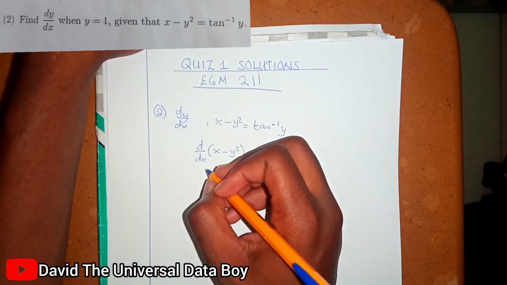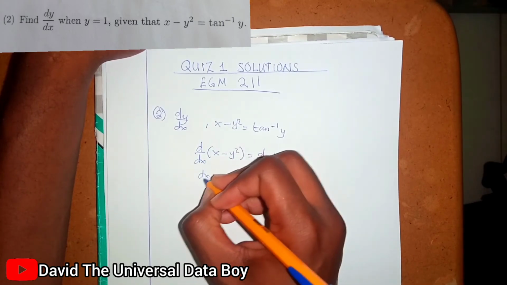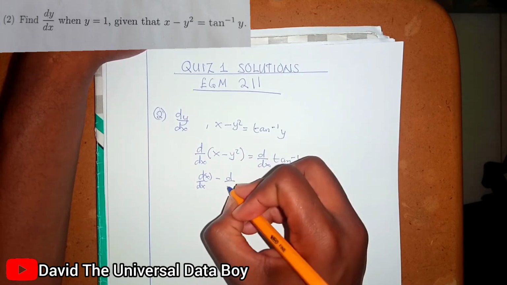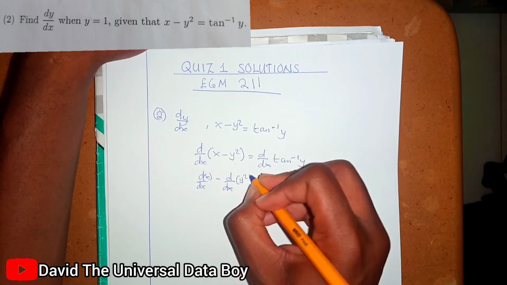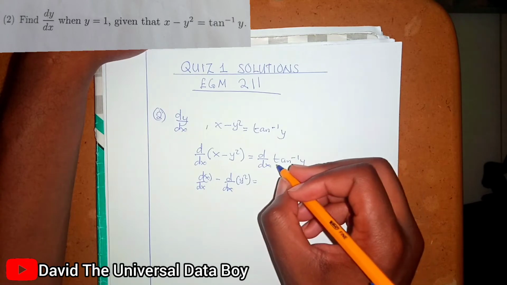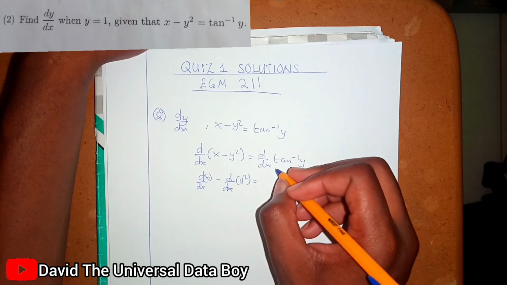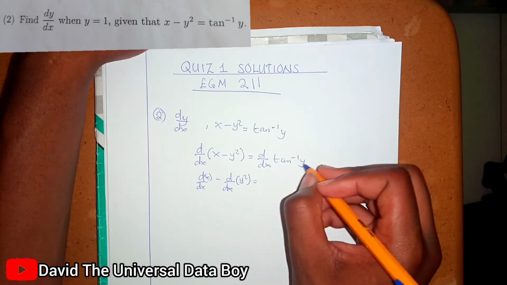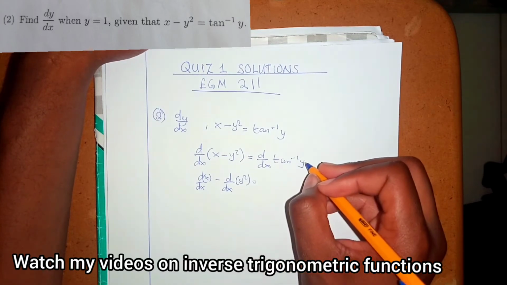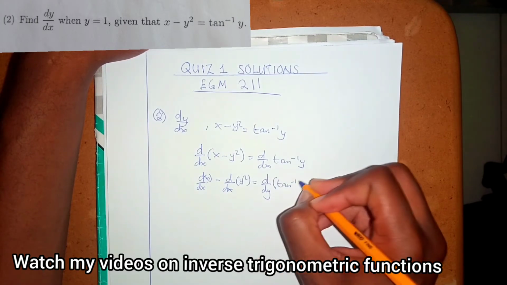Here we can use the sum and difference rule, where we say dx over dx, minus d of y squared over dx, is equal to... now how implicit differentiation comes in: when you're differentiating a certain expression with respect to another variable that's not in that expression, you're going to differentiate with the variable that's in the expression, say d over dy of tan inverse of y.